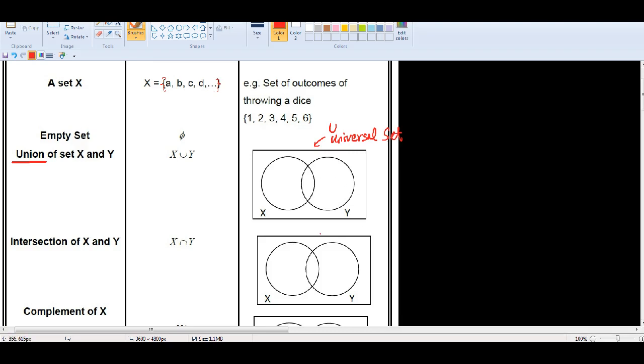In that universal set, there are two sets we call X and Y. If you want to do the union of two sets, that means you collect all the elements within the two sets. So I shade both circles.